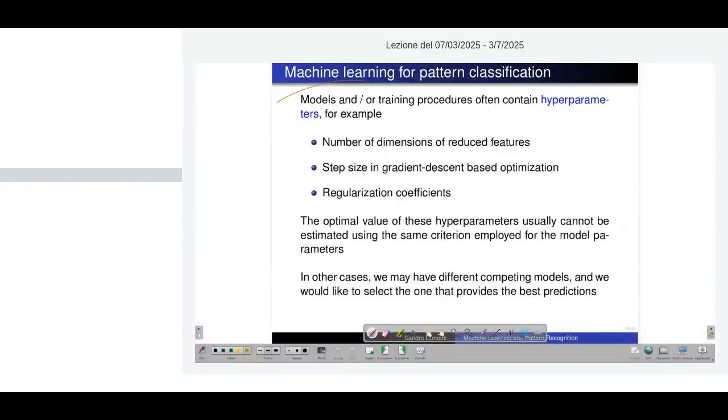Now, where does this become a problem? It becomes a problem when we have models that have what are called hyperparameters. What are hyperparameters? Well, we said up to now that we build models which contain parameters, and that learning means that we go from the data to an estimate of the parameters that we will then use for inference.